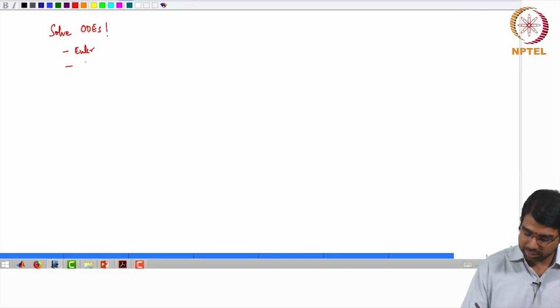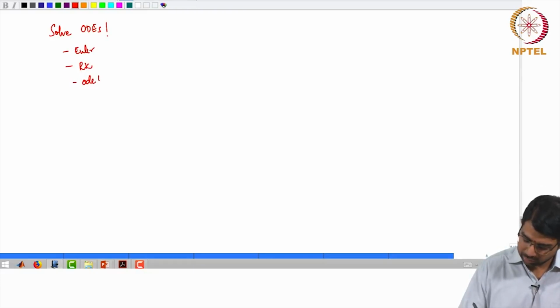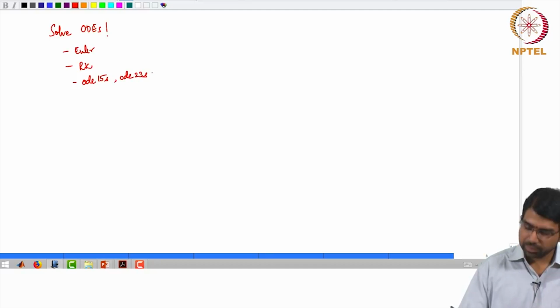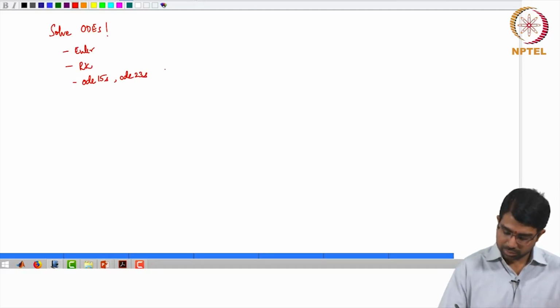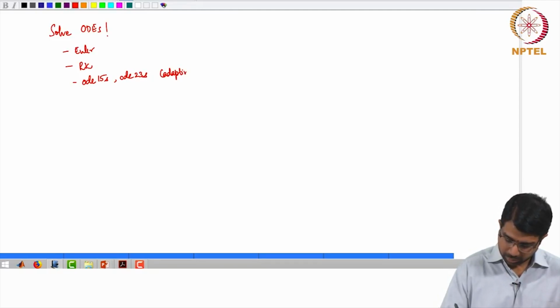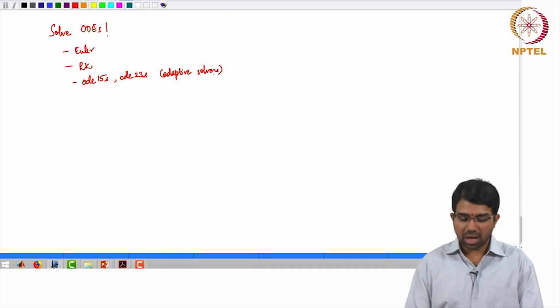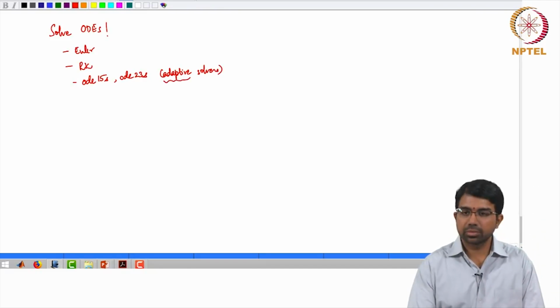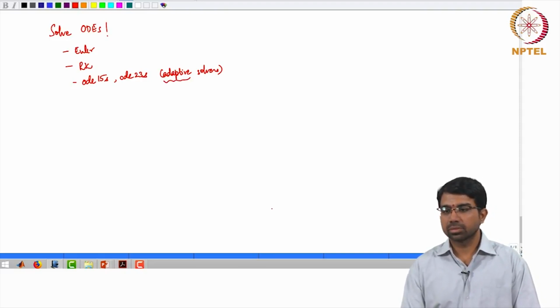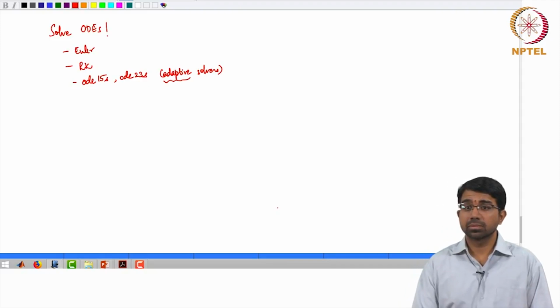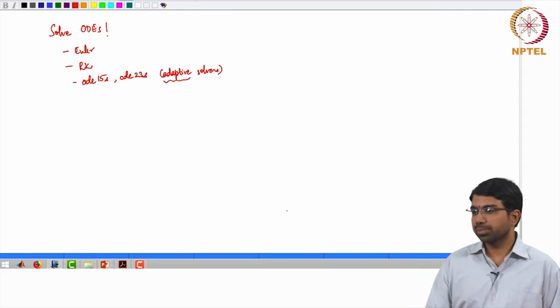You have Euler methods, you have Runge-Kutta methods, or best, adaptive methods. What is adaptive? Varying scale to adapt. Varying delta t, right.